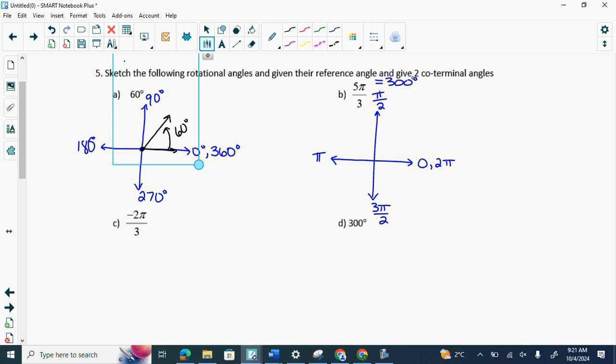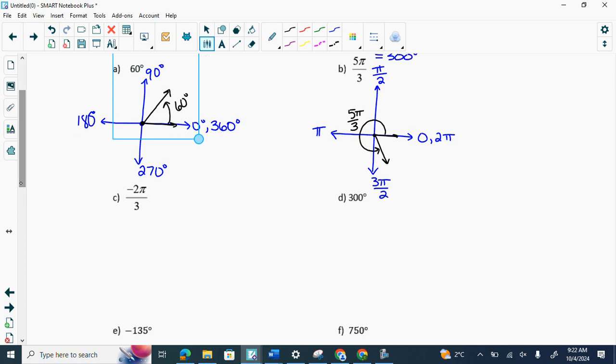So I know it's 360 degrees, so I know it's 30 more than 270 if I'm living in the degree world, which means it's here, and I draw this, and I don't say 300 degrees. I don't put my axis in degrees. I put them in radians, and I write 5 pi over 3. See what I'm saying? I can convert, but my whole thing has to look like it's in radians, because the question was in radians.